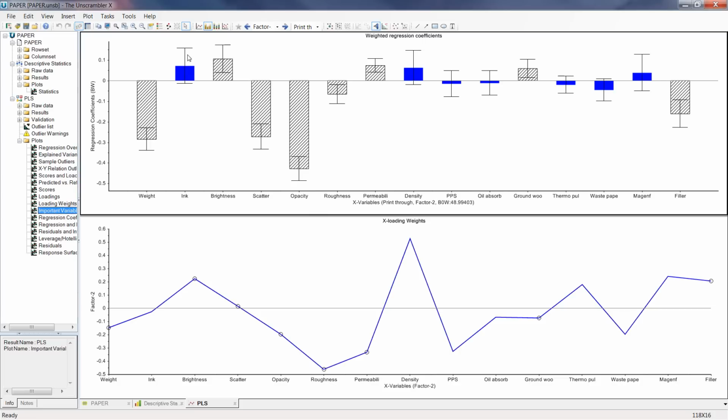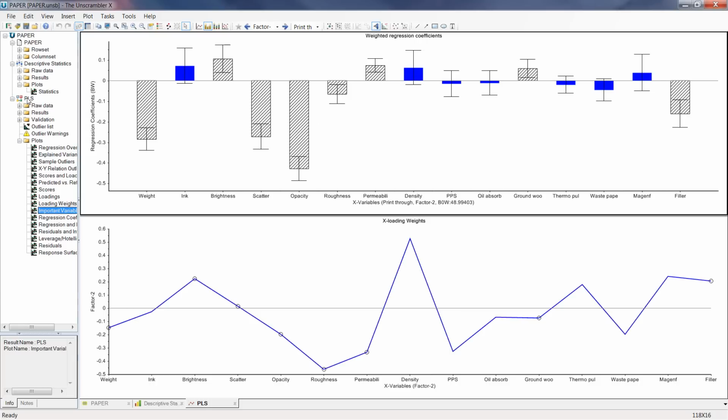And if the variability crosses 0, it shows that there is no real relation, so they are not important factors. And so we can see here that opacity has a strong negative correlation to print through, and so does weight and scatter. And brightness and roughness, permeability, they don't have a large influence on that.